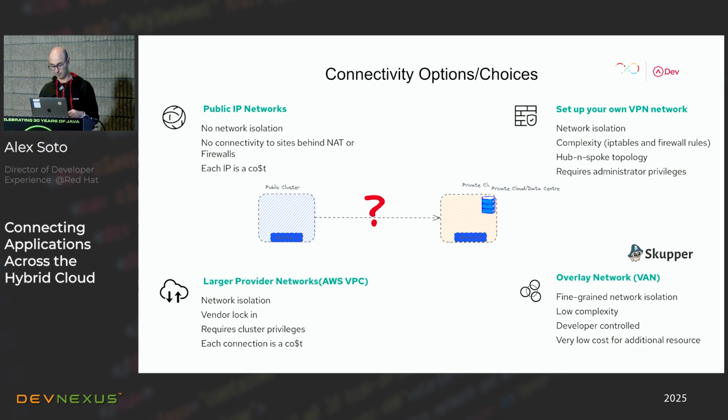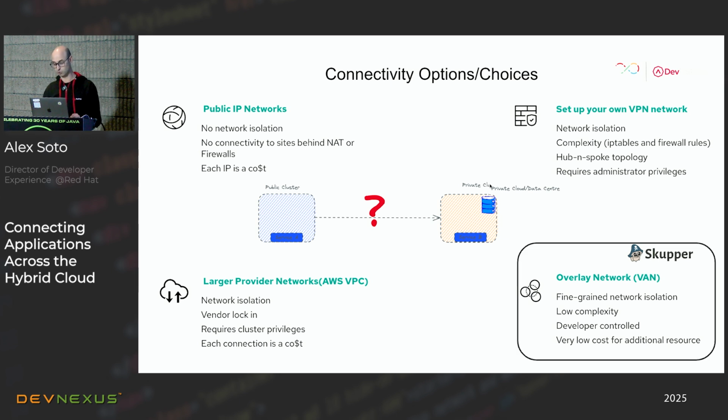So the last option that I want to show you here is Skupper. Skupper is an open source project, under the Apache v2 license, that gives you fine-grained network isolation. So you're not isolating all the network, but only the parts that you want. It has really low complexity. You'll see it's super easy to understand what it does and super easy to use.